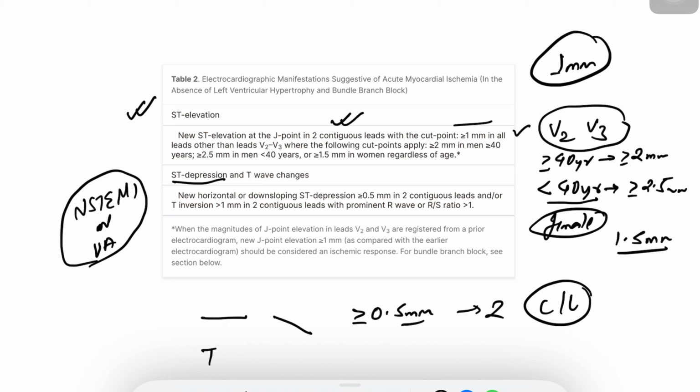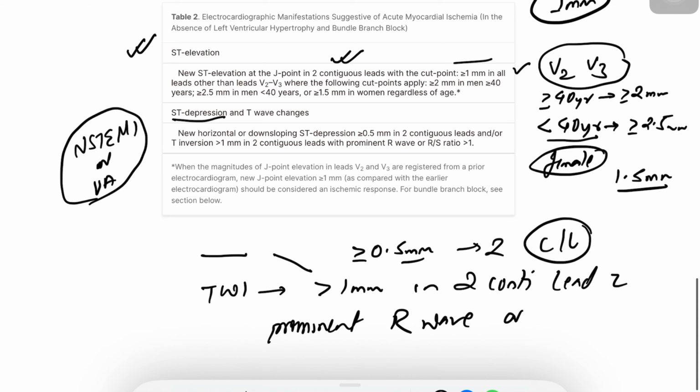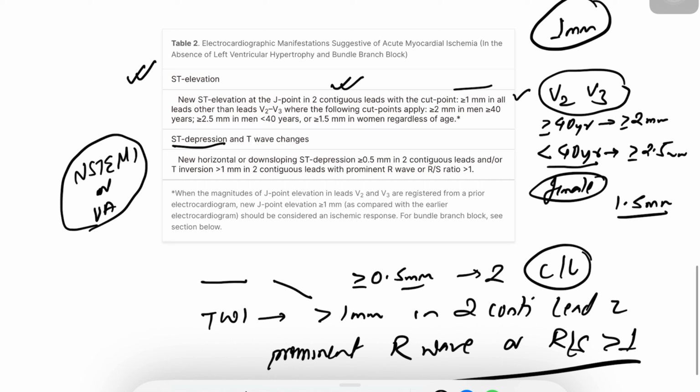And for T wave inversion there should be more than 1 mm in two contiguous leads, with prominent R wave or R/S ratio more than 1. We have to remember this to know the ECG changes in STEMI.